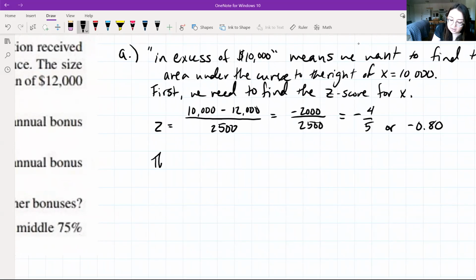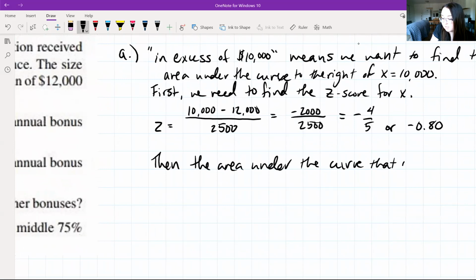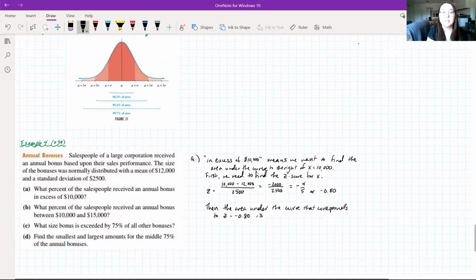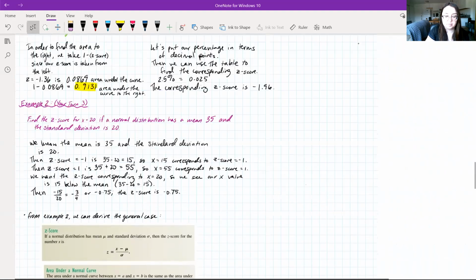So the area under the curve that corresponds to z equal to negative 0.80 is, now we're going to go back to our table and find our value.